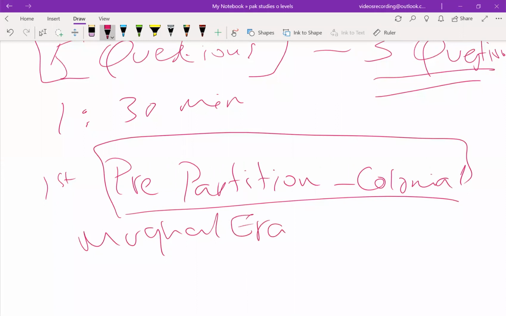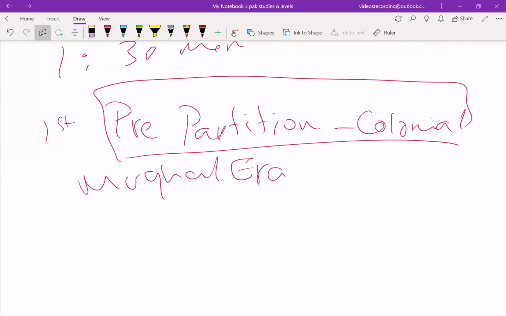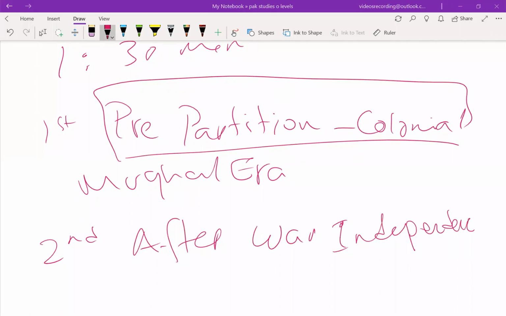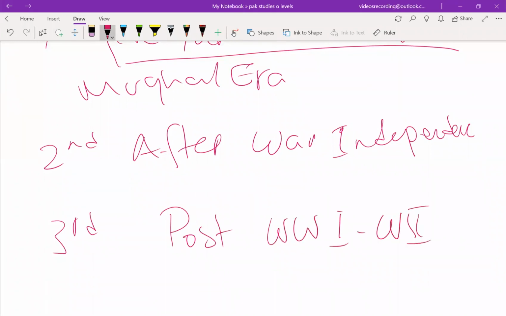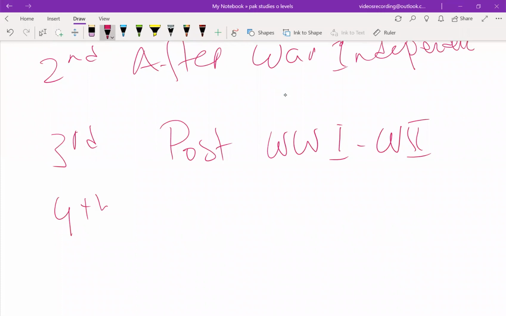The second question usually is about after the War of Independence. The third would usually ask about post World War One, World War Two. The fourth question will usually be about pre-partition.